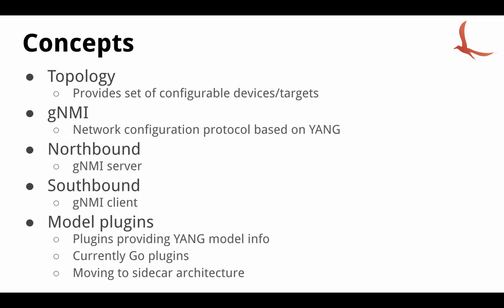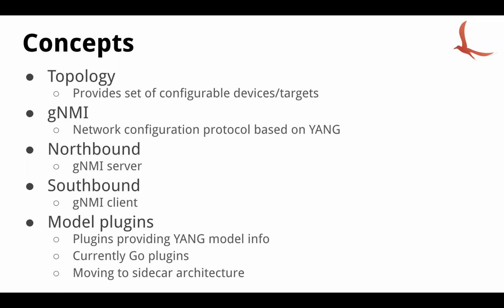And then, yeah, GNMI. ONOS config, both on the northbound and southbound, has a GNMI interface. On the northbound, it's a server, so it basically looks like any other GNMI target. And then on the southbound, it has a GNMI client that it uses to talk to GNMI servers.